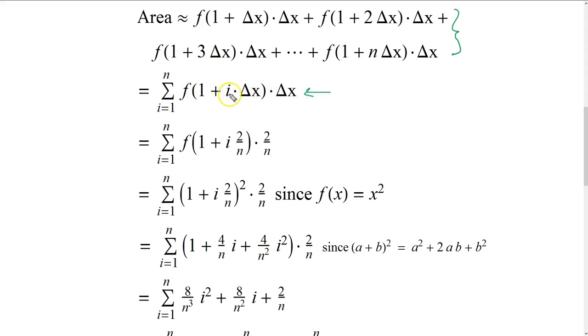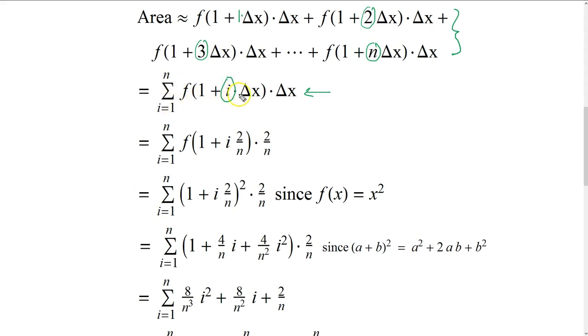So notice how we have an i in front of the delta x. i goes from 1 to n. So we have, using this formula, 1 plus 1 times delta x, and then we have 2 delta x's here, and then 3 delta x's, and all the way to n delta x's. So we just represent that with an indexing variable i, going from 1 to n.